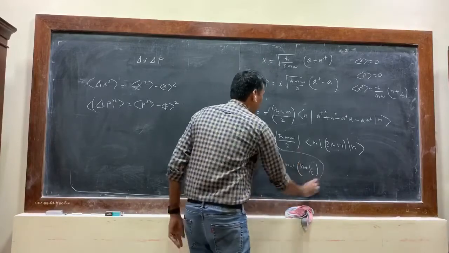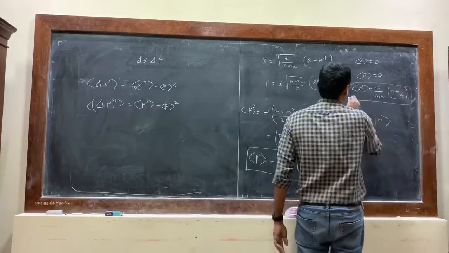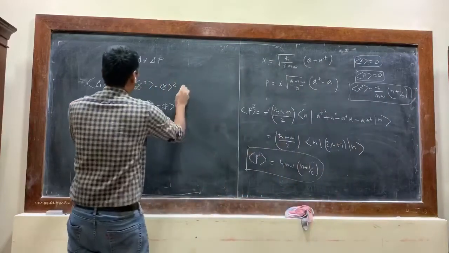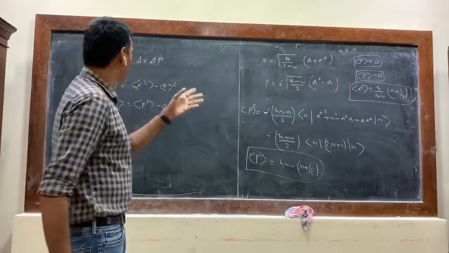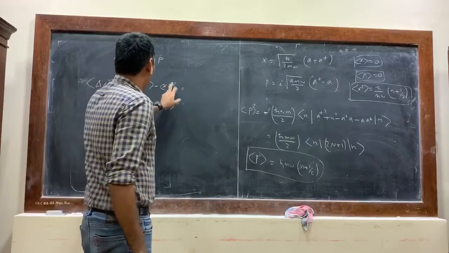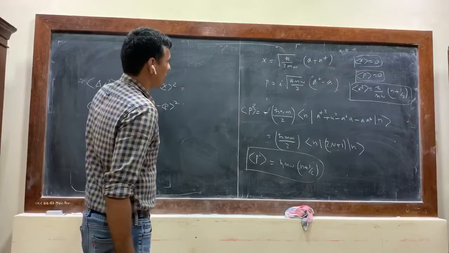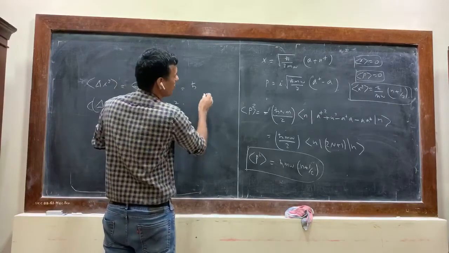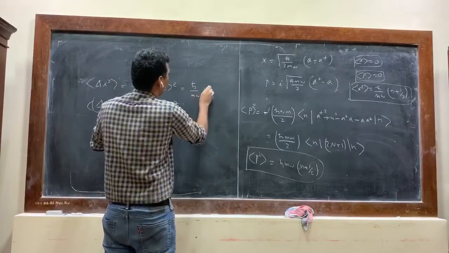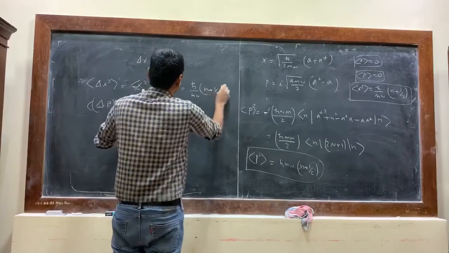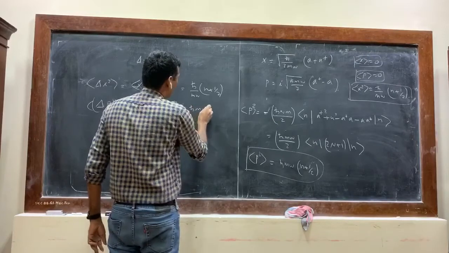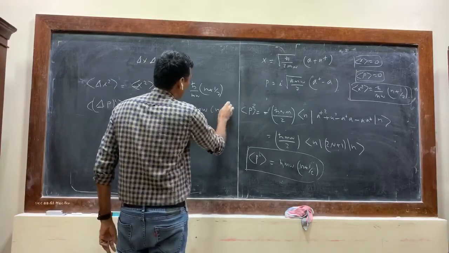And you can use these results. You can see delta x square: x average is 0, so you just have x square average, which is equal to h cut by m omega into n plus half. Similarly, delta p square is h cut m omega into n plus half.